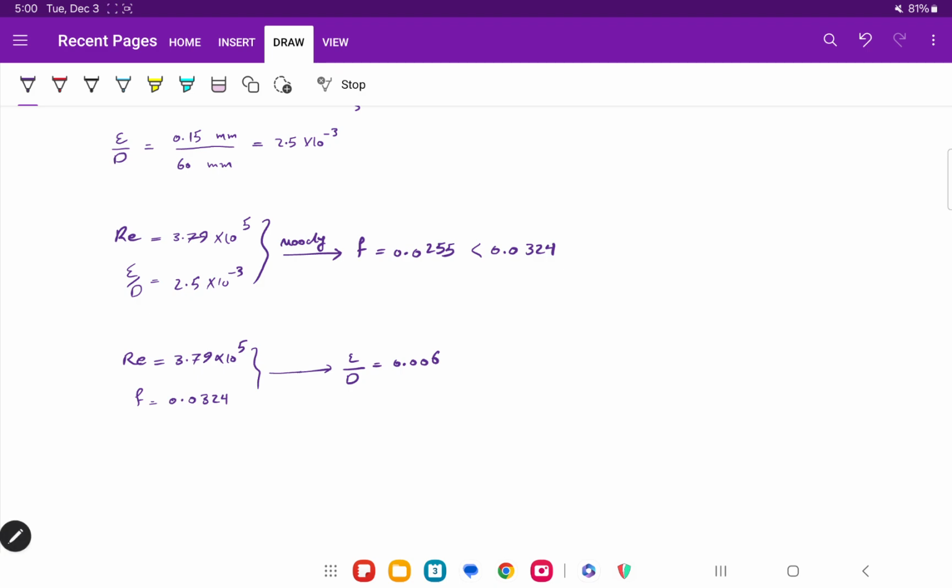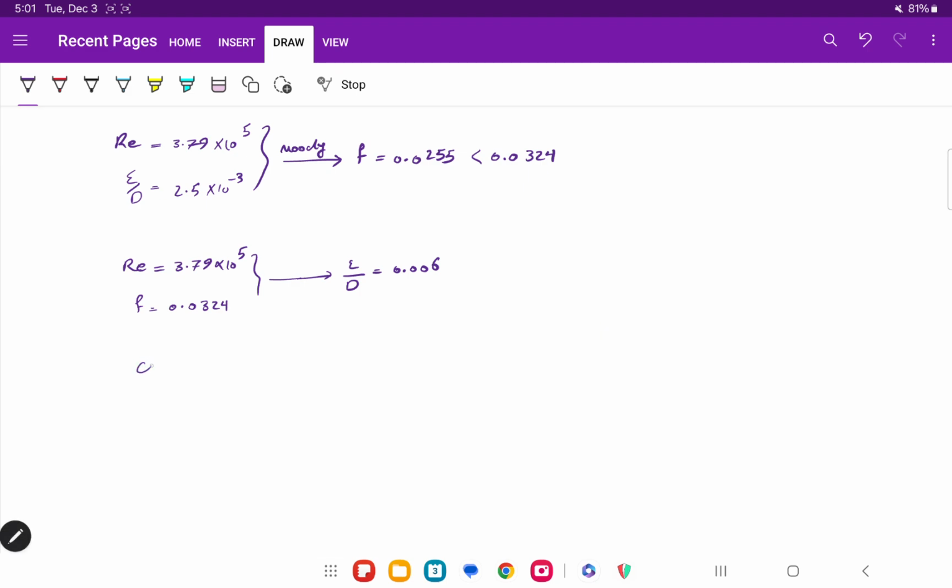So it means that this is an old pipe, because we have twice the roughness. When we have a clogged pipe, the roughness is much higher.